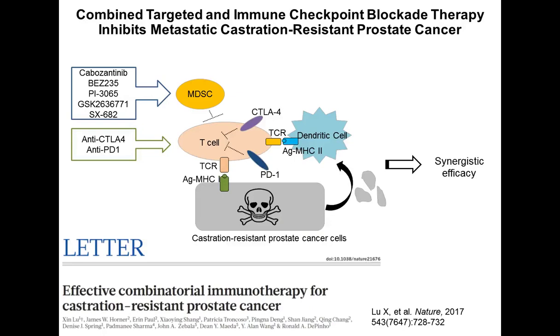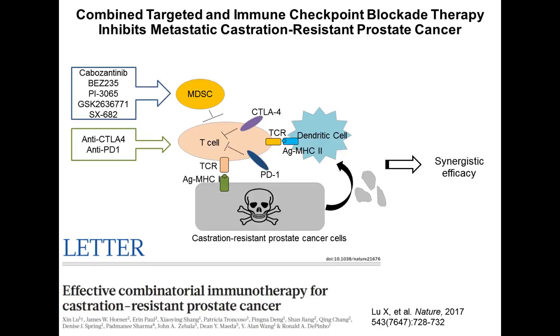So in summary, by using new mouse models and a combination of ICB with kinase inhibitors, we show that for tumors that are resistant to cancer immunotherapy, you need to have combinations of T cell activating drugs such as anti-PD1 or anti-CTLA4, but you also need reagents that can potently suppress MDSCs, such as the PI3K inhibitors or the CXCR2 inhibitors, in order to remove those negative effects on T cells.